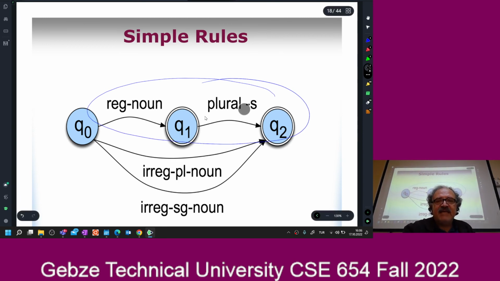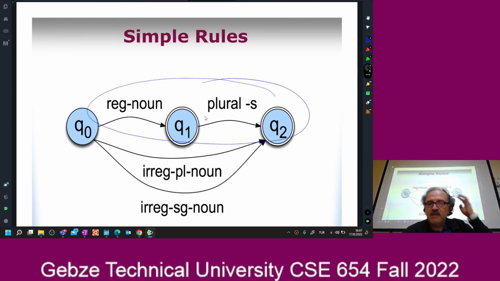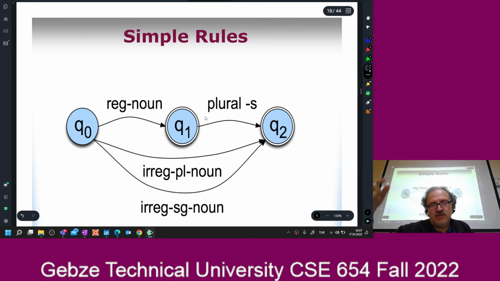If I add an s at the end of a regular noun, I can accept it. Or an irregular singular noun, I can accept. An irregular plural noun, I can accept. And if I list all of these irregularities, irregular nouns, large ones, but still it's a simple finite state automata.